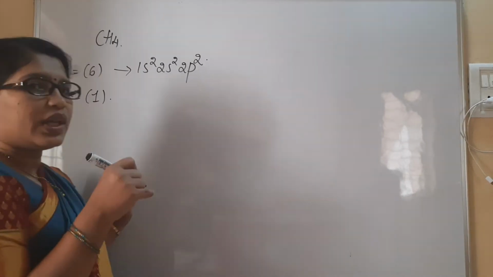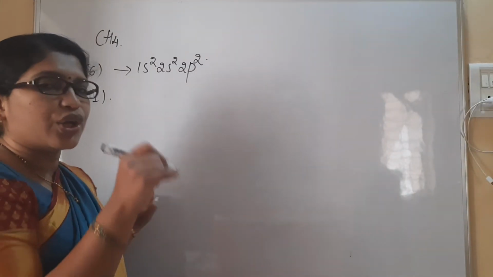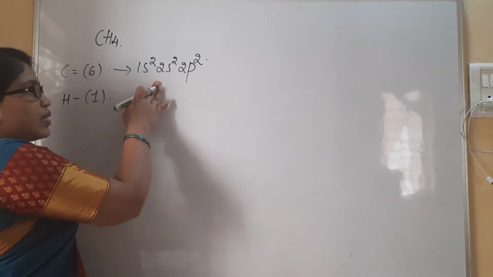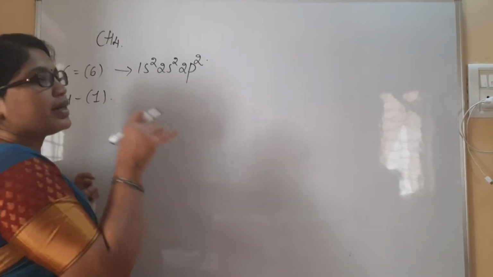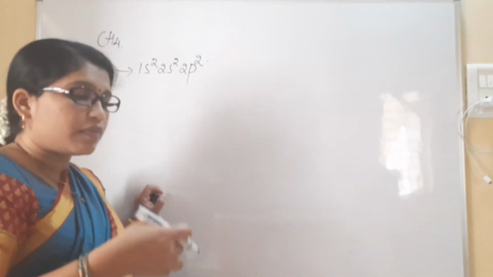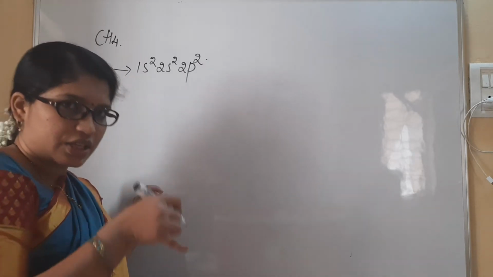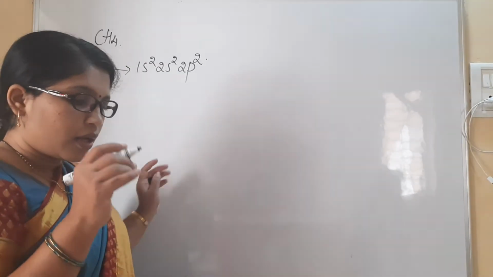Now it is only the carbon atom that will undergo intermixing of the orbitals. Intermixing of s orbitals and p orbitals takes place, so that there will be a place for accommodation of 4 electrons in it. I repeat my words.